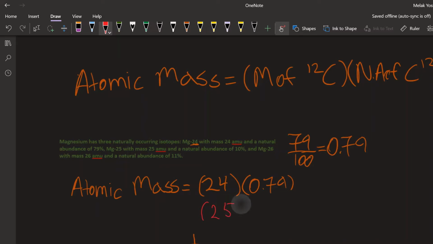If we convert 10% to decimal form, it will be about 0.1, and you can also add the last one, 26. Mg26 has a mass of 26 AMU and a natural abundance of about 0.11, as the question states.